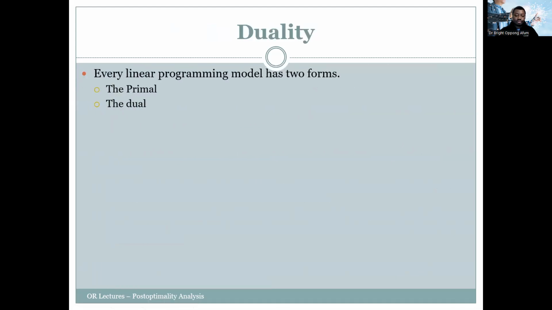All right, so what is duality? Every linear programming model has two forms. So every model that we have talked about has two forms. The first one is the primal, and then the dual. The primal is actually the first or original form of the model.